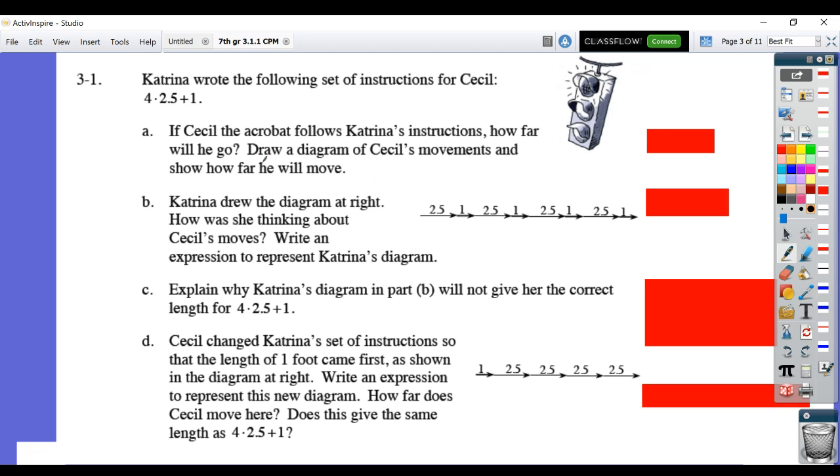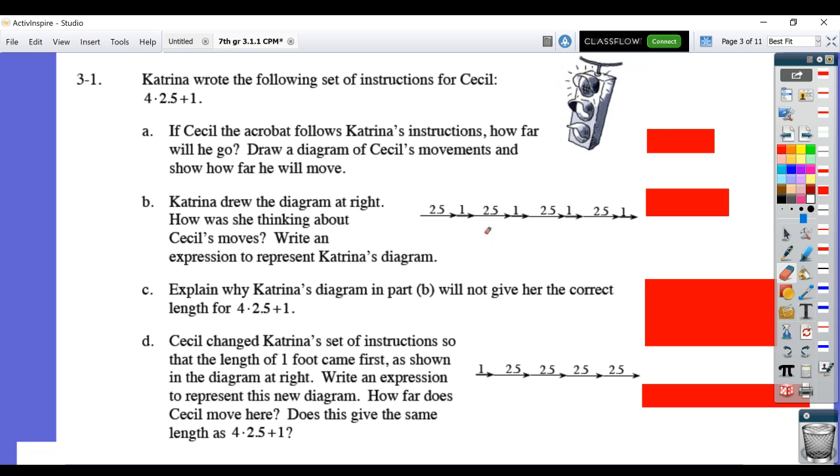All right, and hopefully what you should be seeing is that she's thinking of the 2.5 plus 1 as being in parentheses, and then you've got 4 sets of 2.5 plus 1, 2.5 plus 1, and so on. Okay. So when they're asking you to write an expression, that's what they're looking at, that it would be 4 times the quantity, in parentheses, 2.5 plus 1.